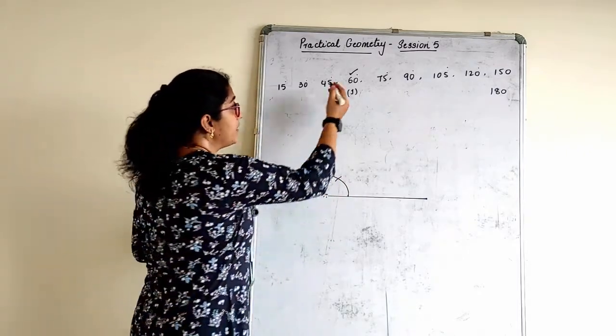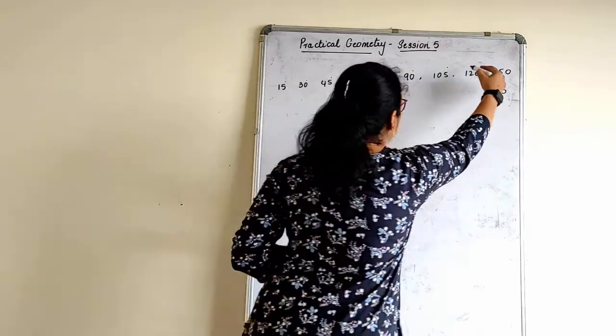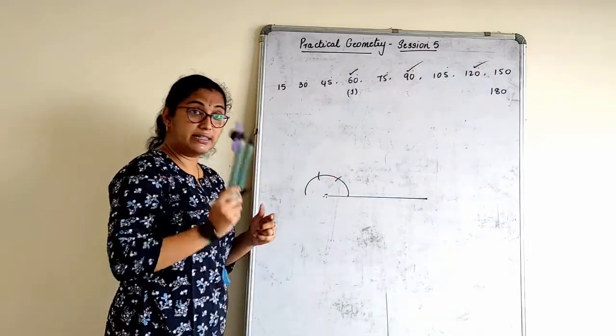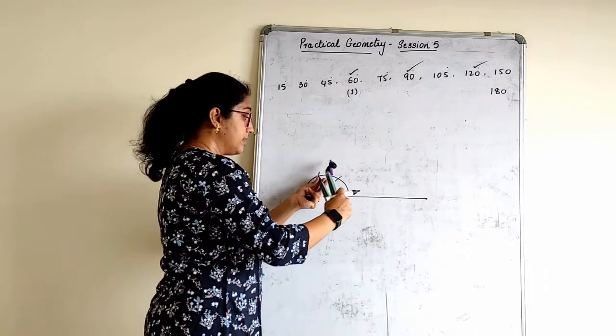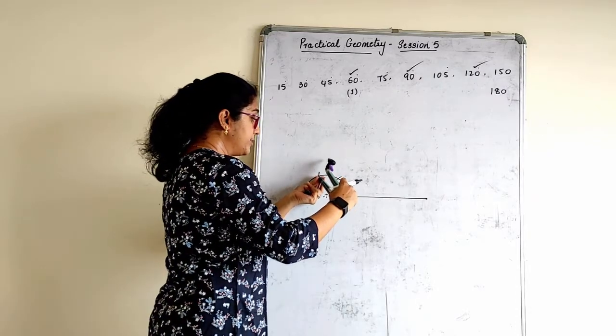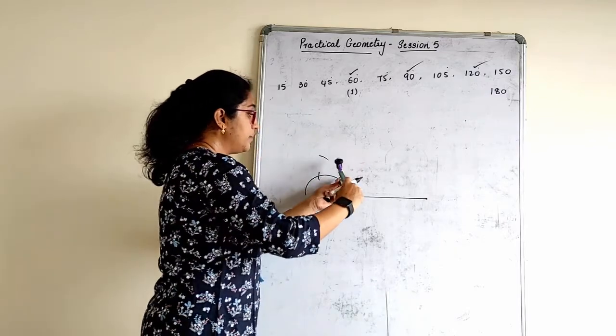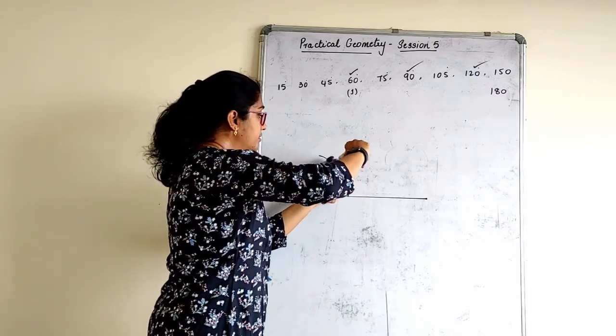Now we are done with 60, we are done with 120, let's finish 90. Two arcs are there, don't change your radius. Keep your compass at this point, draw an arc. Keep your compass at the other point, draw an arc.